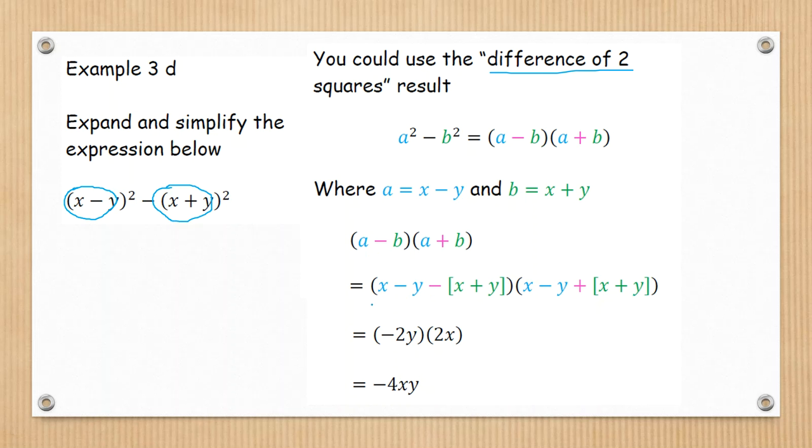So let's go back to the left-hand side brackets. We have x, take away x, they cancel. Minus y is minus 2y for this part, and then we have x plus x is 2x with the y's cancelling out. Minus y plus y. Then we have minus 2y times 2x, which is minus 4xy. So 3 steps, pretty neat.